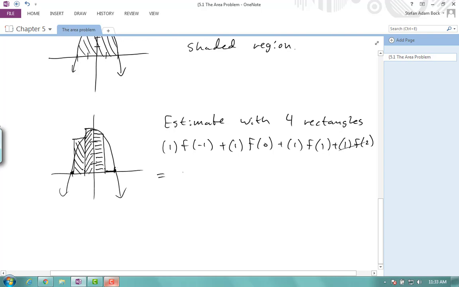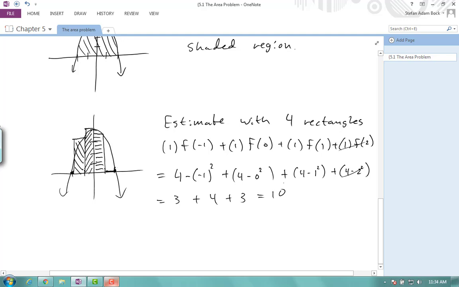F of x is 4 minus x squared. So this is 4 minus negative 1 squared plus 4 minus 0 squared plus 4 minus 1 squared plus 4 minus 2 squared. But again, that's 0. So what do I have here? I have 4 minus 1, that's 3, plus 4, plus 3 again, which gives me a total area of 10.